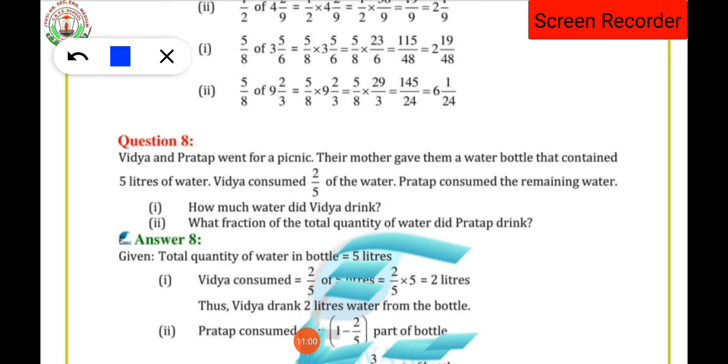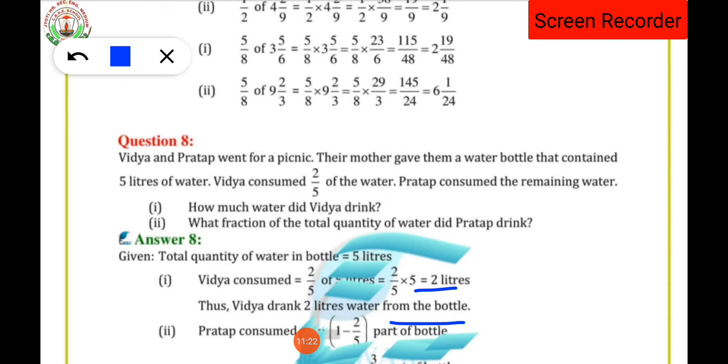In the same way, Vidya drank 2 liters of water from the bottle. Clear? Why is it so? Because 2/5 of the water, that means the bottle containing 5 liters. So 2/5 of 5. Of means multiplication, so 2/5 into 5. So it will be 2 liter.